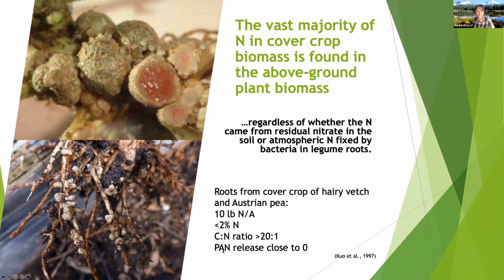So the plant available nitrogen, the PAN, release was close to 0. So in that example of a hairy vetch Austrian pea cover crop of 100 pounds of nitrogen per acre, that nitrogen was coming from the above ground biomass and not from the roots that are left in the ground.